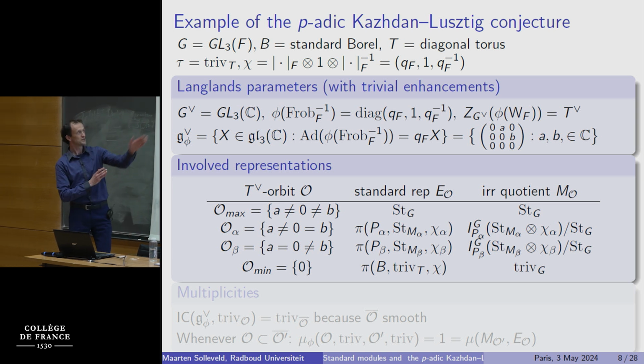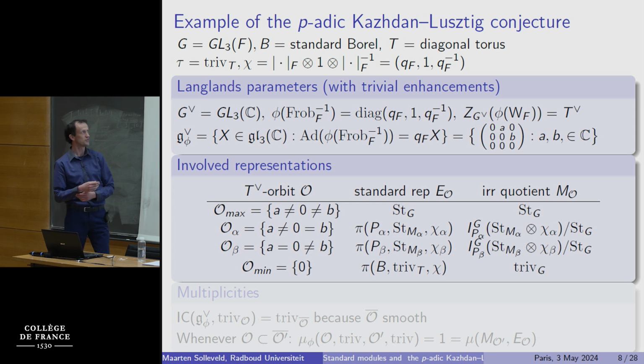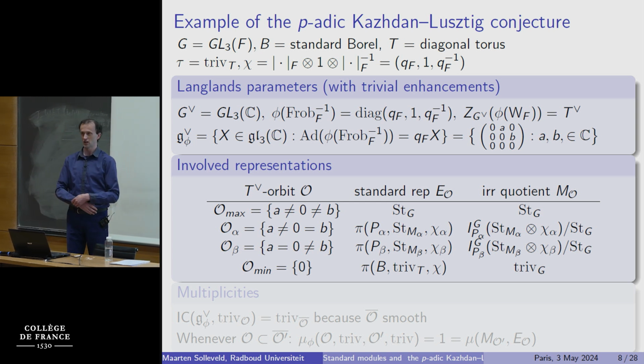Then you can match the orbits with the 4 representations that occur in the standard module. You have a largest open orbit, which corresponds to the Steinberg representation.